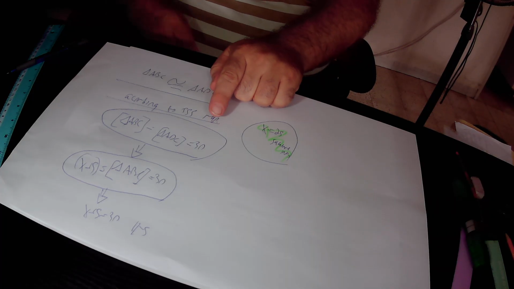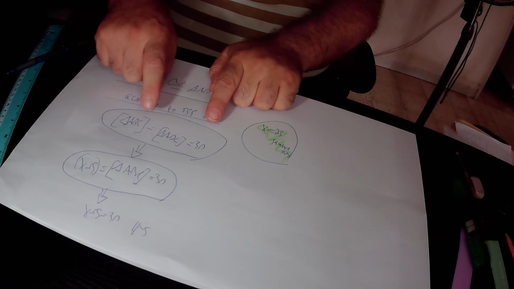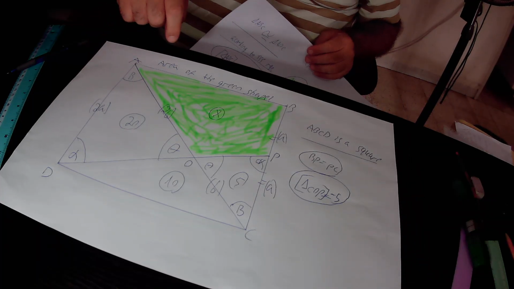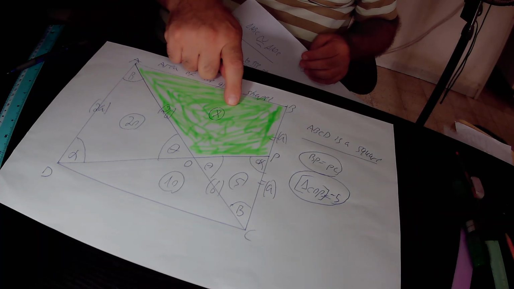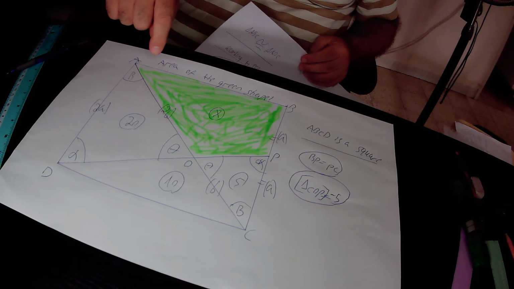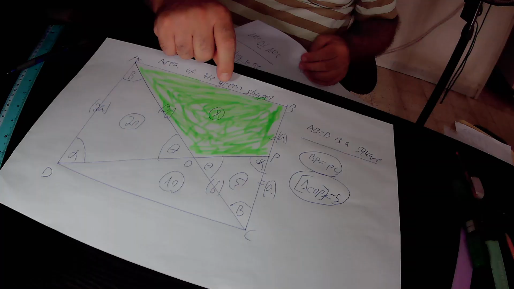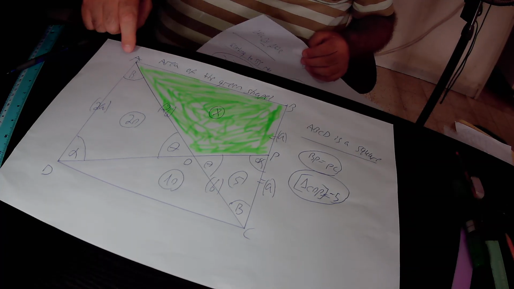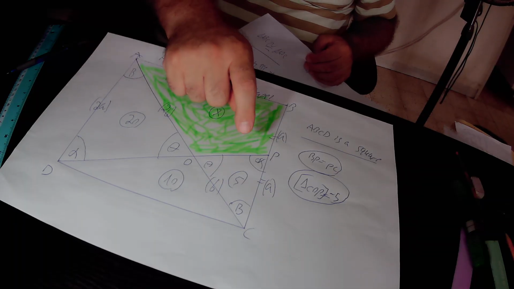So the area of triangle ABC is 30 square units from one side, but from the other side it is equal to the area of the green shape plus 5 square units. We define the area of this green shape as x square units according to our definition. So in total the area of this triangle equals x plus 5 square units.